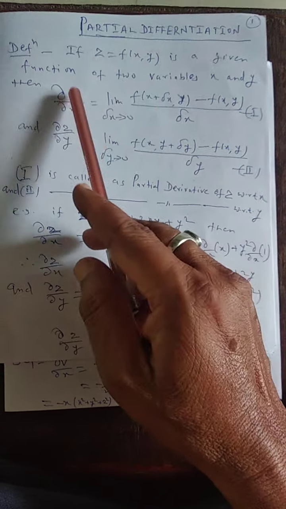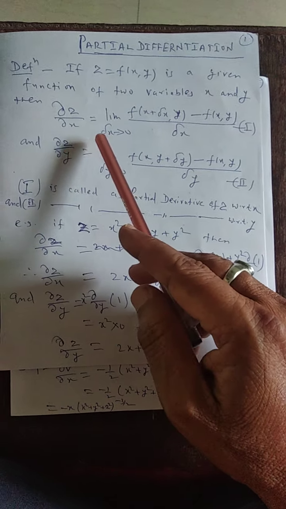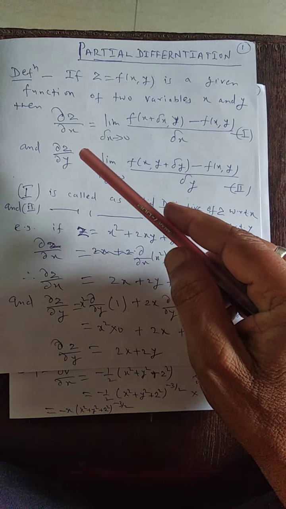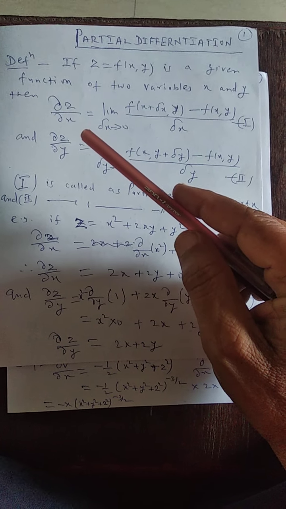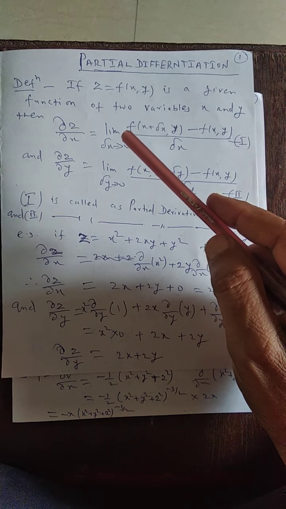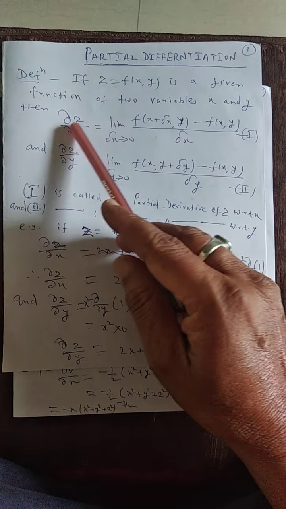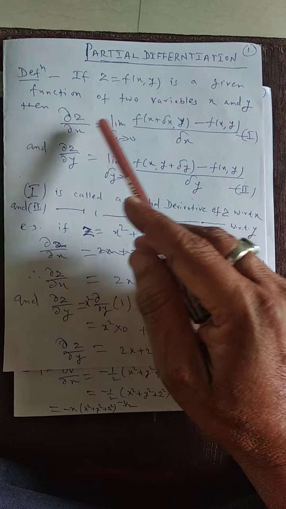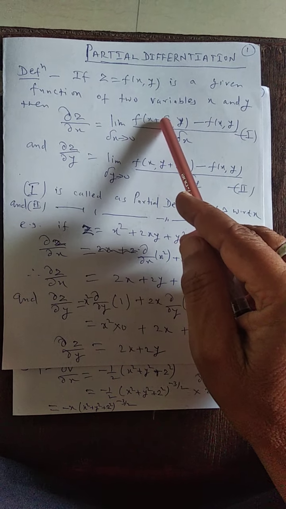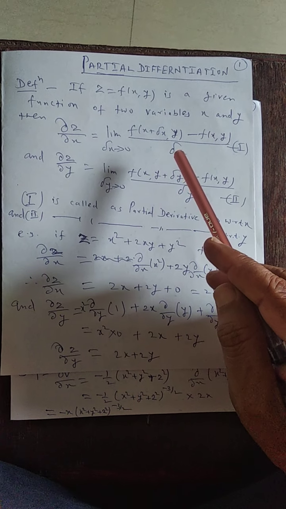It is delta, it is dou, and d is different. The three symbols have their own meanings. D is the total derivative, dou is the partial derivative, and delta denotes the increment.